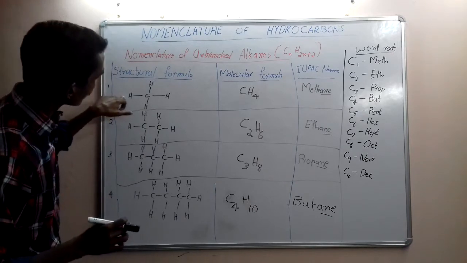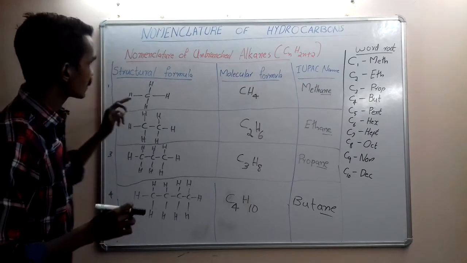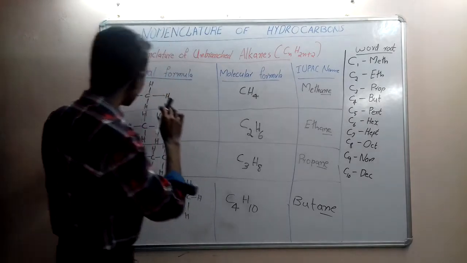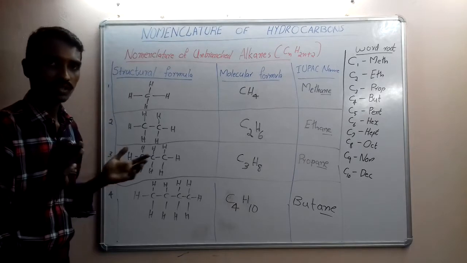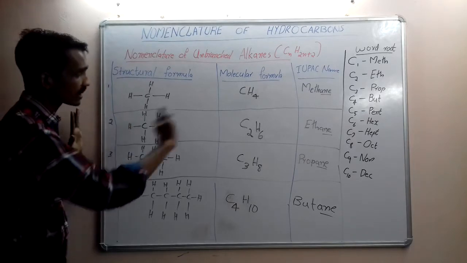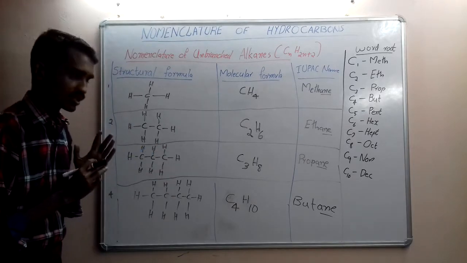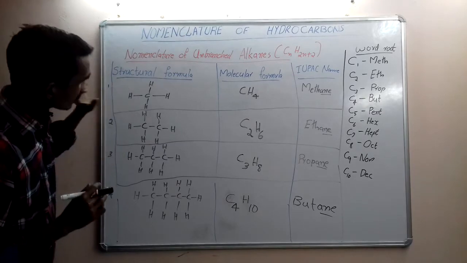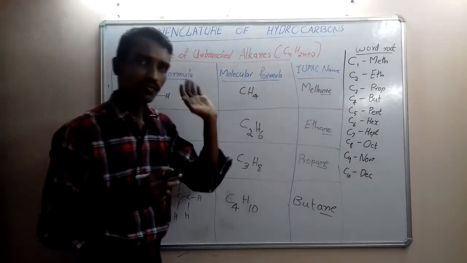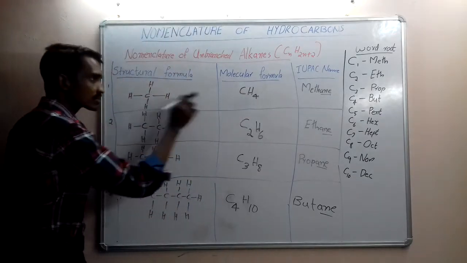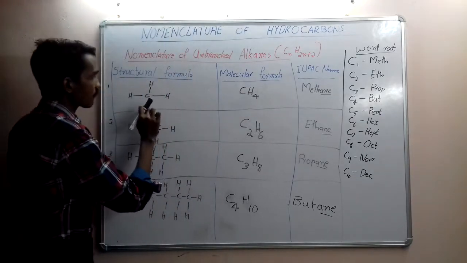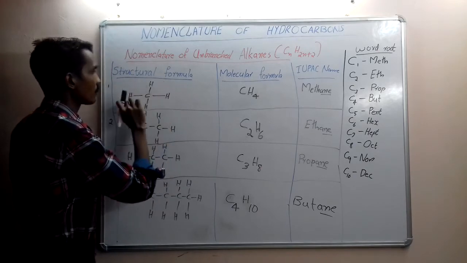This structural formula we don't write in the notebook, because it is very huge. So in order to identify it, we use a short form like CH4. Here carbon is 1, and H4, 1, 2, 3, 4.